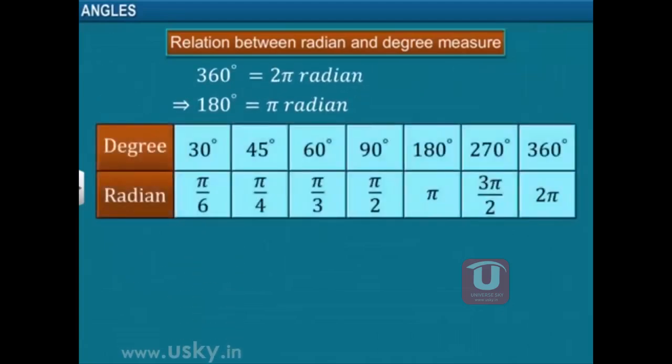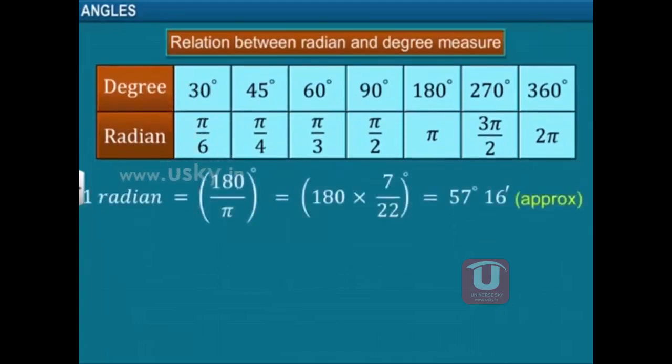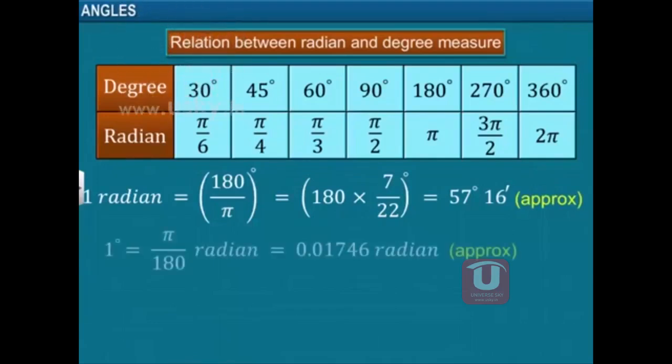The table here shows the degree measures and radian measures of some standard angles. On substituting the value of pi as 22 divided by 7, 1 radian is equal to 57 degrees and 16 minutes approximately, and 1 degree is equal to 0.01746 radians approximately.